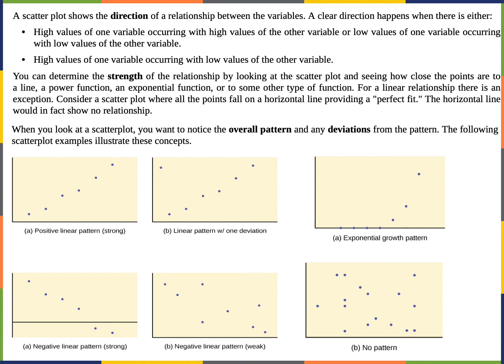This one goes down in a negative slope pattern. And then this one looks like a negative linear pattern, but it's weak because it doesn't look like a straight line. And then this last one, of course, has no pattern. Look at it. Can you even approximate? Does this even look like a function? No, it does not.